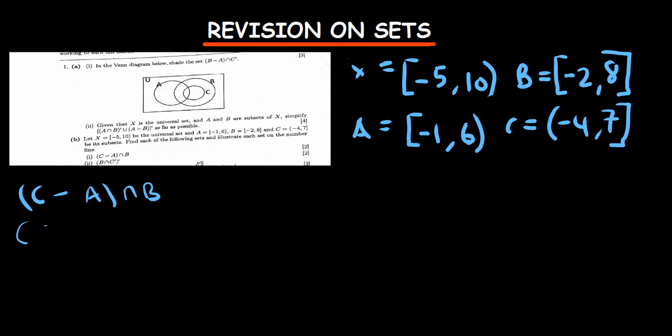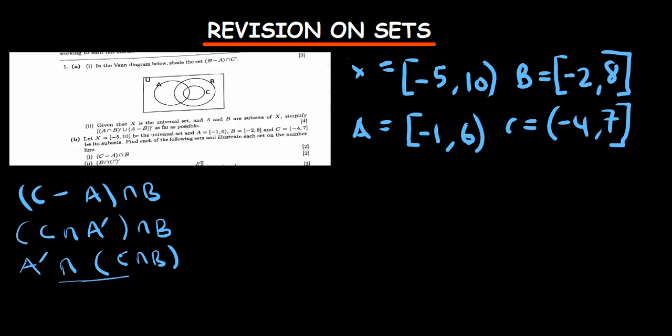That will be C intersect A complement, intersect B. You can write the complement alone, such that you have C intersecting with B, or B intersecting with C, which is just the same thing.